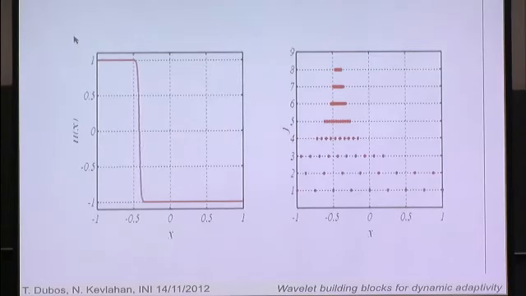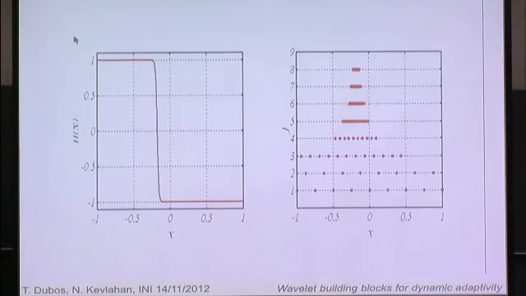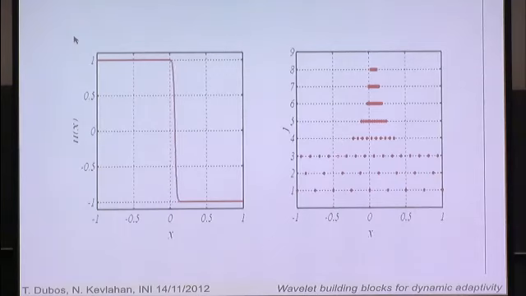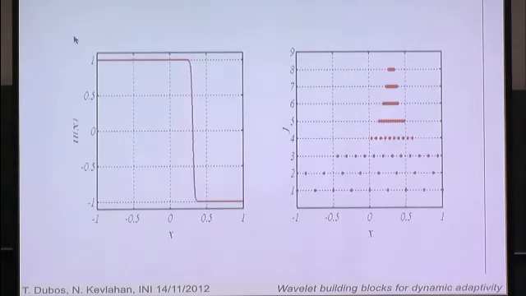I think that's a Burgers equation in 1D with some explicit diffusion. And by this strategy, I can track the front. So the adjacent wavelet coefficients on the left and right will enable us to track the front. And here I don't have the movie, but you can also start from a smooth solution with a steepening front and see that the wavelet coefficients become activated at finer scales progressively.